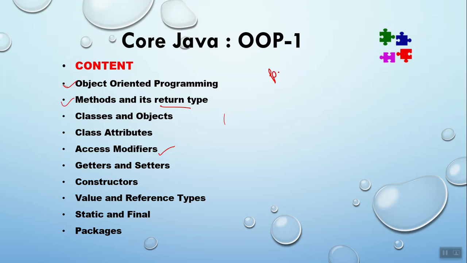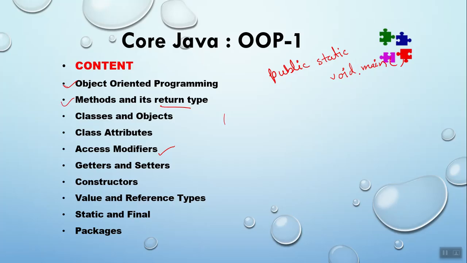The access modifier is public, as in public static void main. So there was one word which is public. What is the public keyword? It is used in this programming and may be available in many other programming languages like Python. Public is a keyword which is an access modifier.